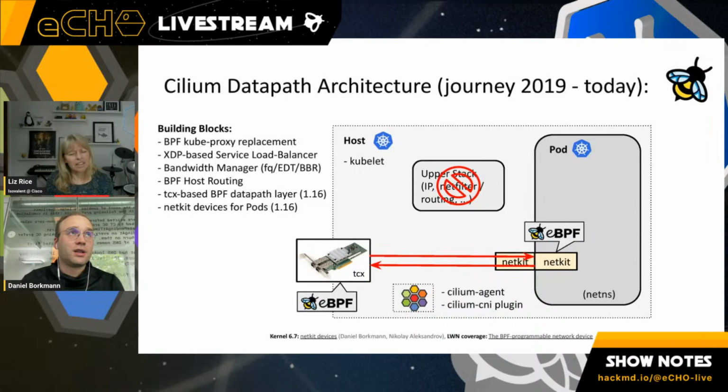And the other nice benefit is that the SKB that the kernel creates is basically GRO aggregated. So whenever packets come into the node, after XDP there's the GRO engine, and the GRO engine tries to create a super packet.